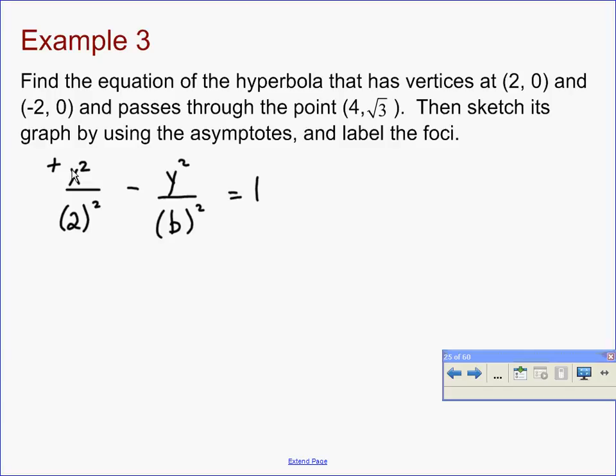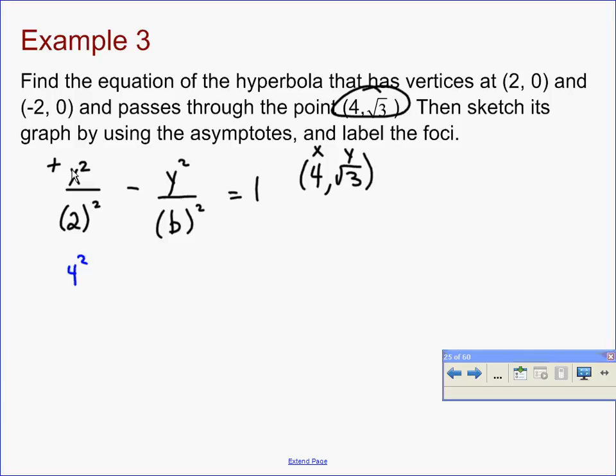We don't know what this value is, so we're going to call it b. And we know it passes through the point (4, root 3). So we're going to use that as our x and that as our y to try to solve this problem. So when x is 4 and y is root 3, we should be able to plug it into this equation and solve for b.